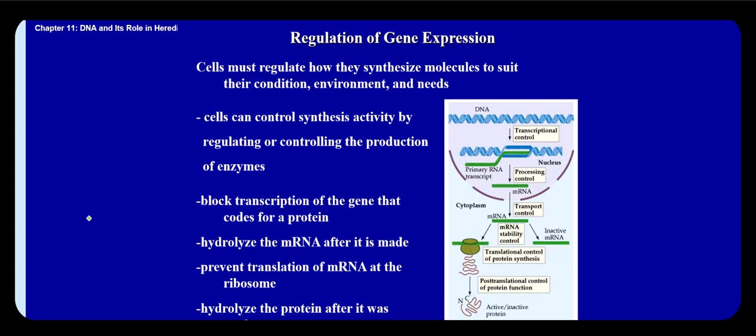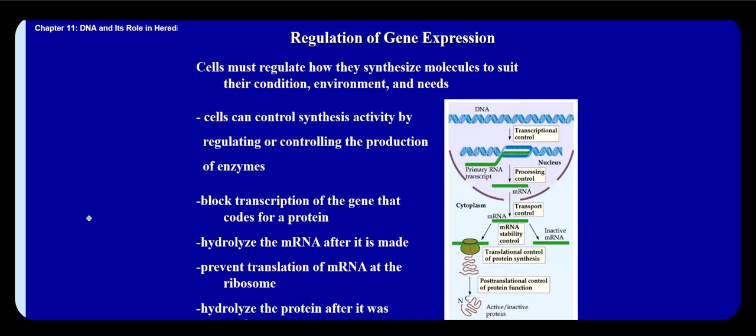I can block transcription. If I don't do transcription, I don't get messenger RNA. If I don't get messenger RNA, I can't make a protein. Mission accomplished. Or I could take the messenger RNA and hydrolyze it, break it up after it's made. Again, no messenger RNA.